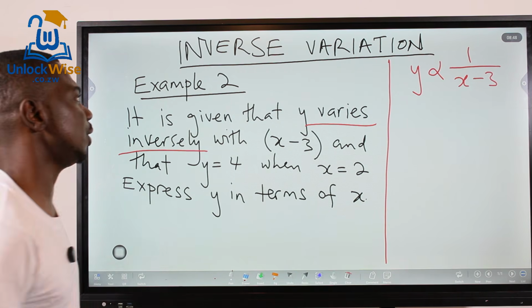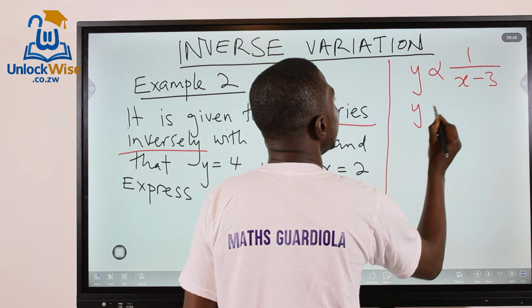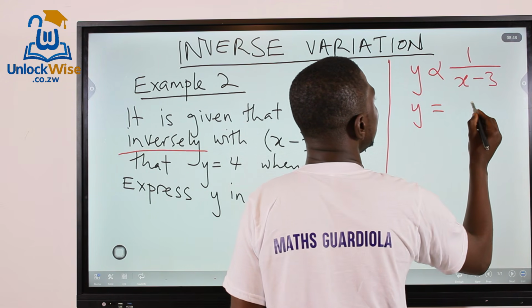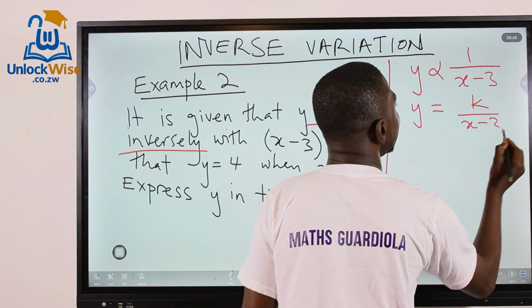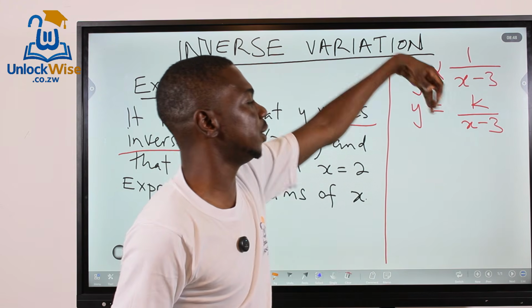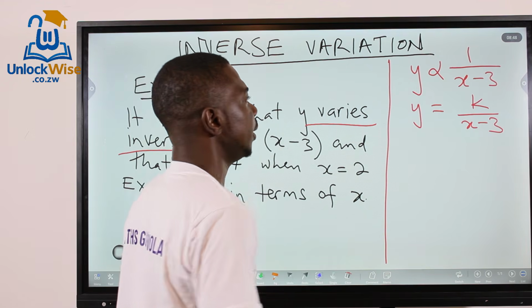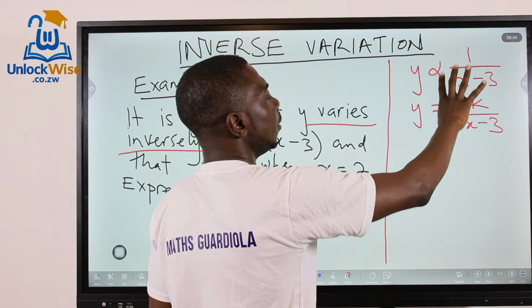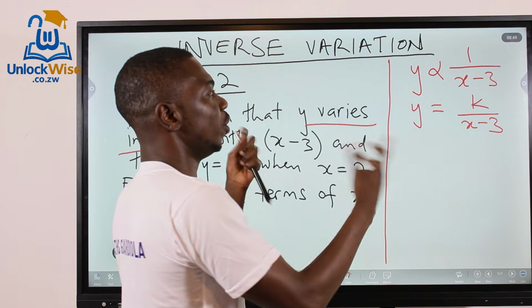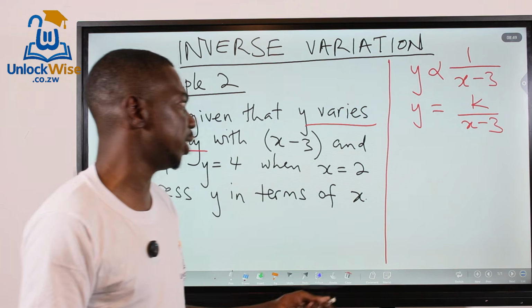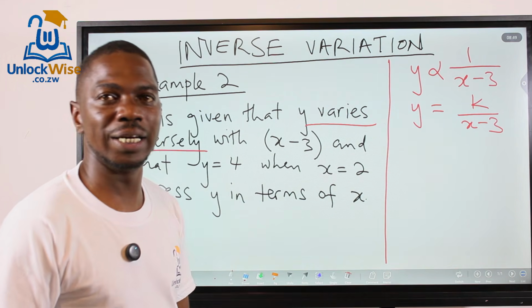We are going to change this into an expression: y equals, let me just write, k over x minus 3. I think I have explained why I will have k on the numerator: y equals k multiplied by 1 over x minus 3, and then you multiply numerator by numerator, denominator by denominator, and you get k over x minus 3.